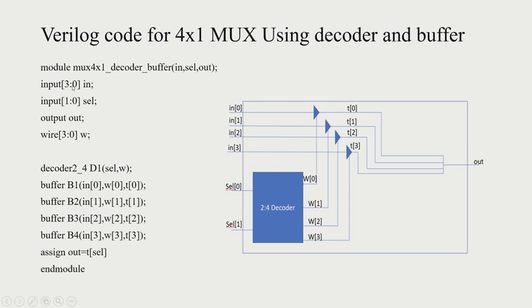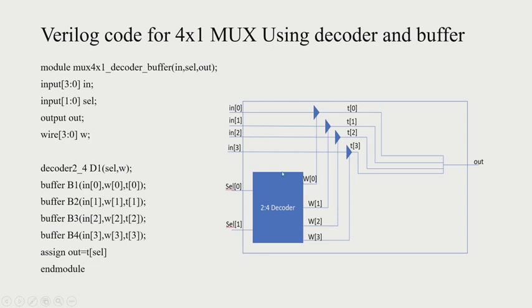I have also defined an input selection line, which is a 2-bit variable, so I have written input [1:0]. Here 1 is the MSB, and for the data input 3 is the MSB, and output is a single-bit variable, so I have written output out. And what is the meaning of wires?